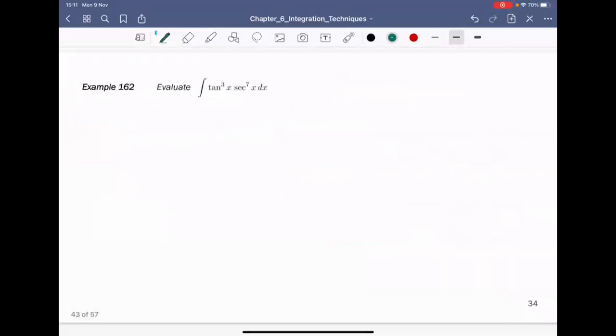Now I want you to integrate tan and secant, but the product that I have is tangent cubed times secant to the 7th power. I'm first going to choose u equal to tangent; that is my first guess. So I integrate tangent cubed secant to the 7th, and I pick u to be tangent.